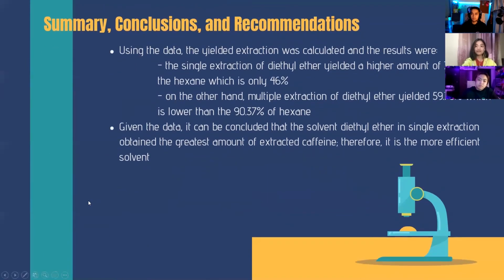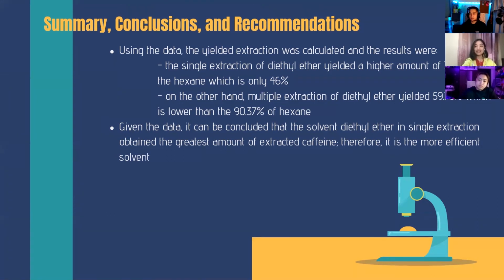Using the data, the yielded extraction was calculated, and we obtained the results that the single extraction diethyl ether yielded a higher amount of 74.37% than the hexane, which is only 46%. On the other hand, multiple extraction diethyl ether yielded 59.78%, which is lower than the 90.37% of hexane.